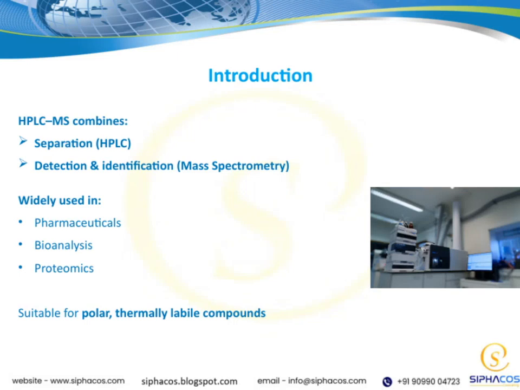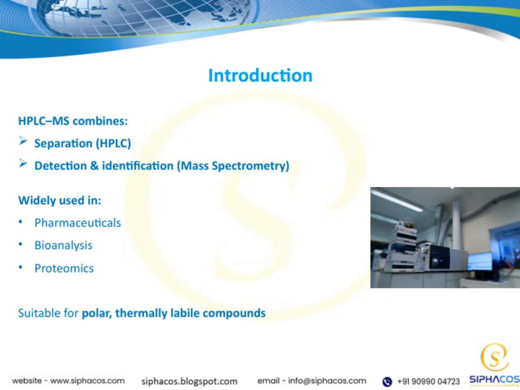Welcome to slide 2. Here, we're introducing the core concept of HPLC-MS. Essentially, it combines two powerful techniques: the separation step, which is HPLC, and the detection and identification step, which is handled by mass spectrometry. The separation part, HPLC, helps us efficiently separate complex mixtures into individual components.